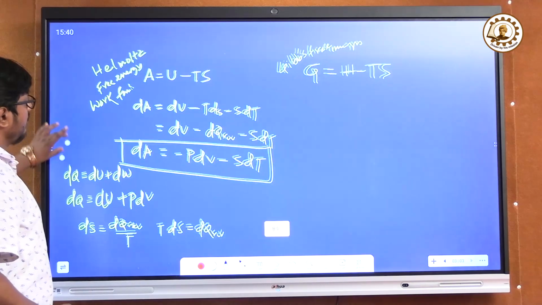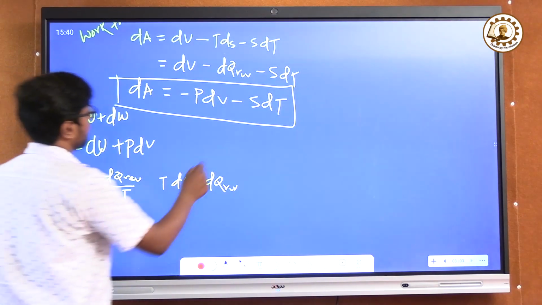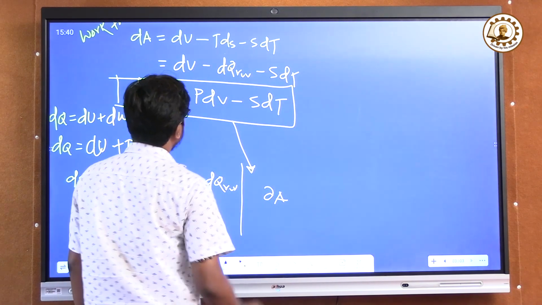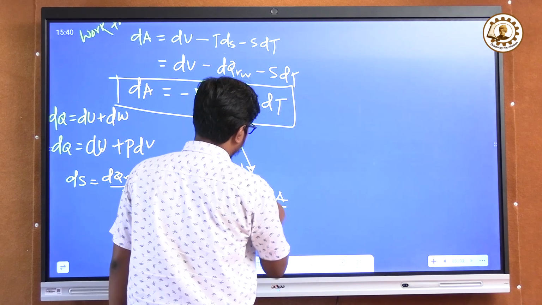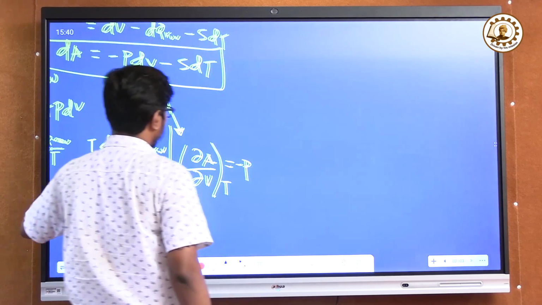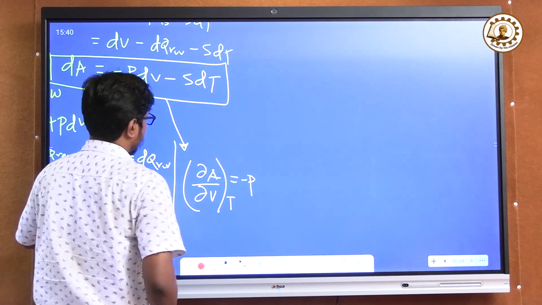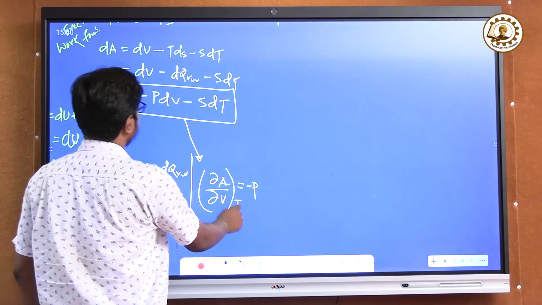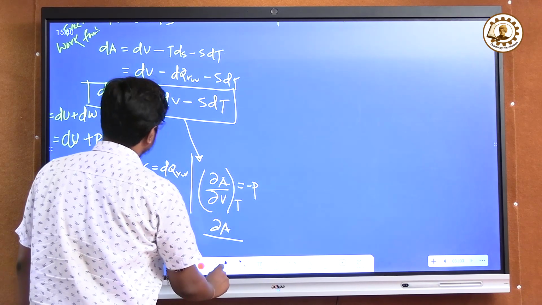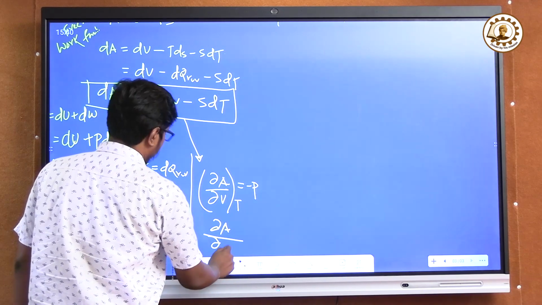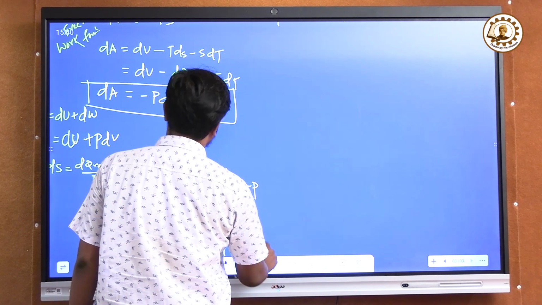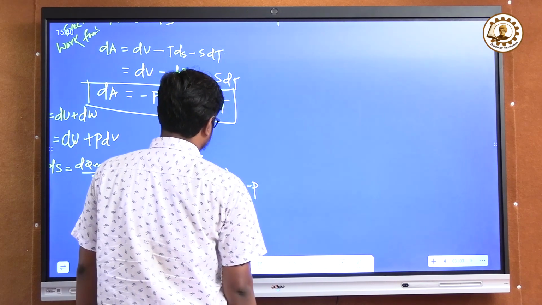Now we can write from here, del A by del V at constant T equals minus P. And as constant T means this term equals 0, del A by del T at constant V equals, what happened?